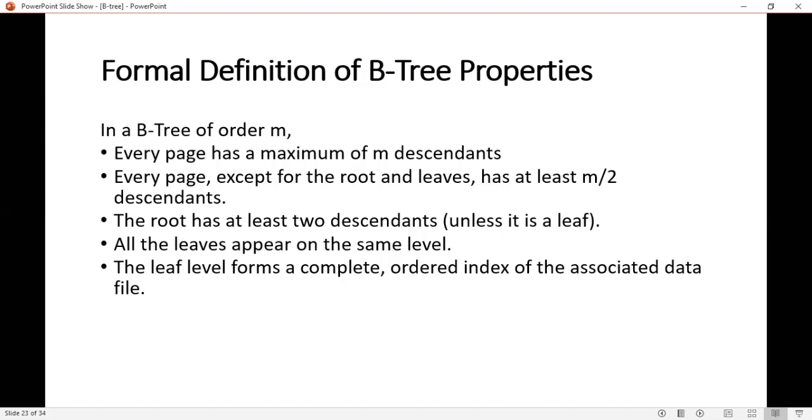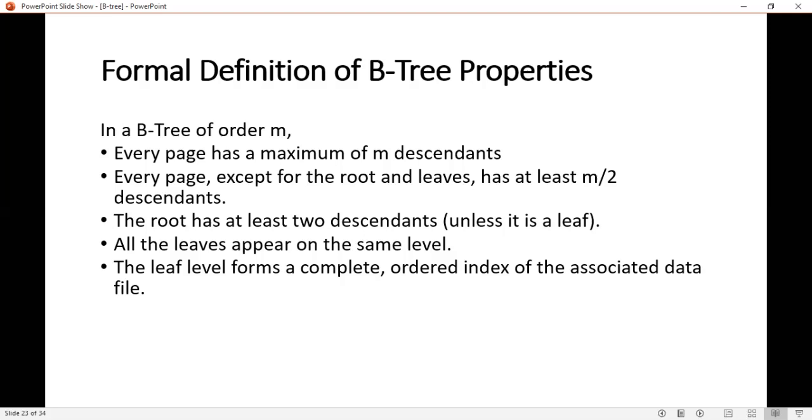Every page except the root and leaves has at least m/2 descendants. I told you each node should be at least 50% full. Except the root, which has a minimum of 2.